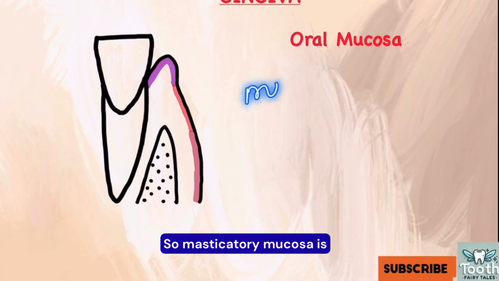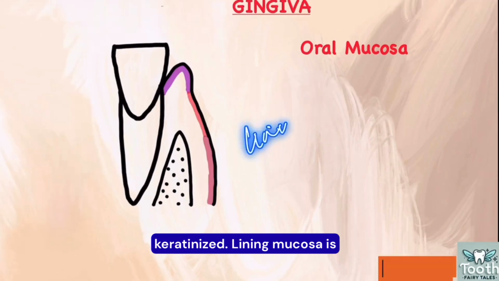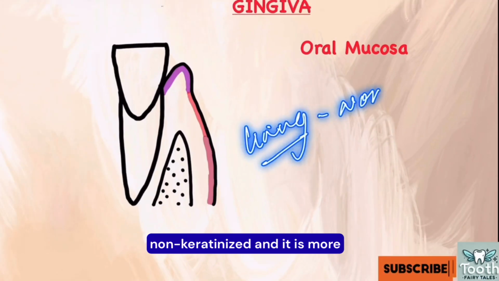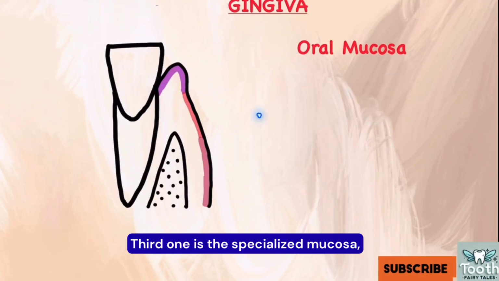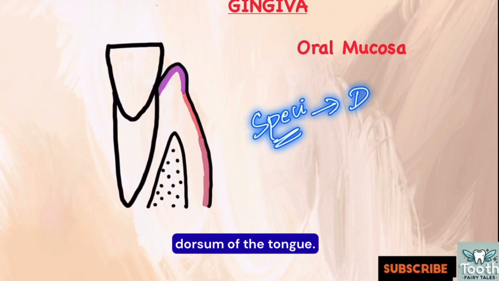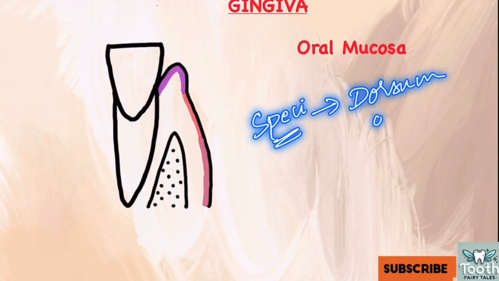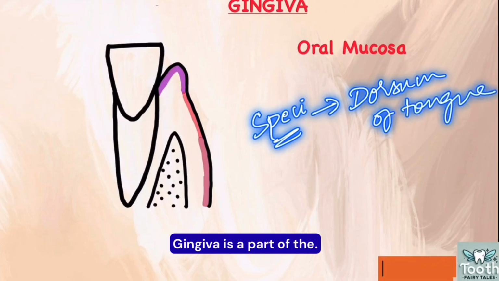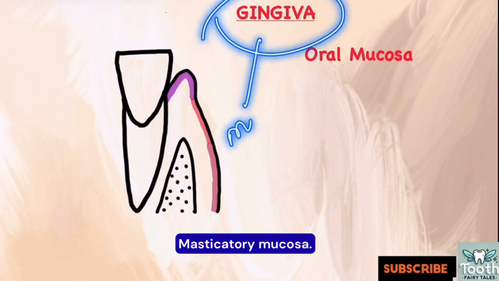Masticatory mucosa is keratinized, lining mucosa is non-keratinized, and it is more flexible. Third one is the specialized mucosa, which is usually found on the dorsum of the tongue. Gingiva is a part of the masticatory mucosa.